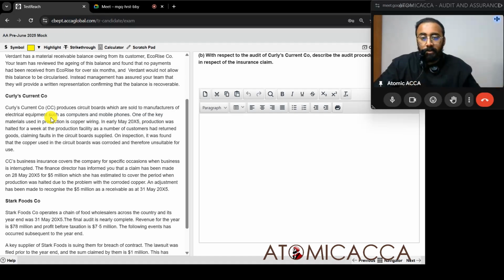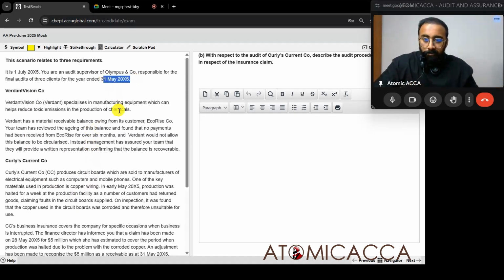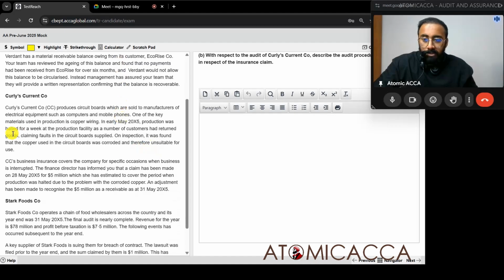In early May 2005, before the year end, production was halted for a week as a number of customers had returned goods claiming faults in the circuit boards. These manufacturers of computers and mobile phones returned the goods. On inspection, it was found that the copper used in the circuit boards was corroded and therefore unsuitable for use.